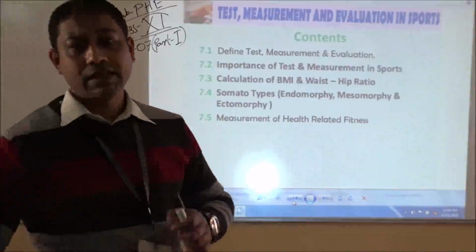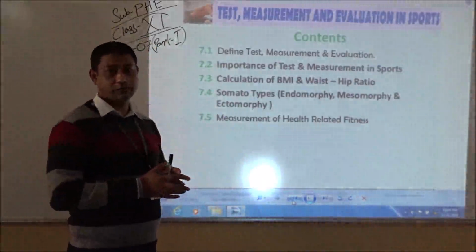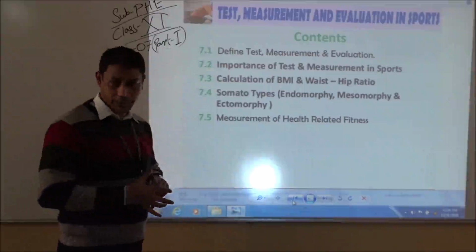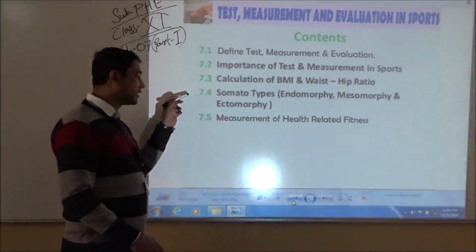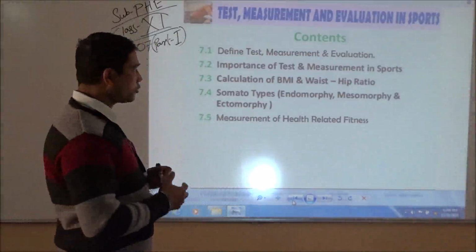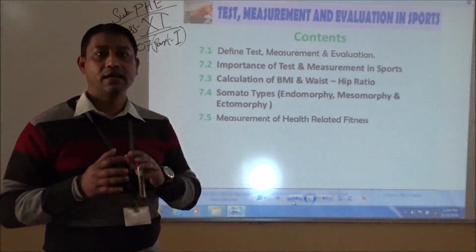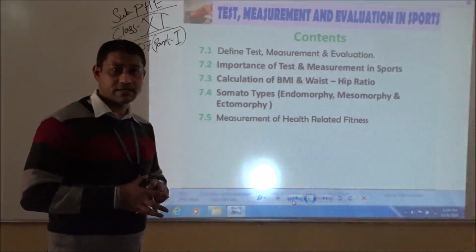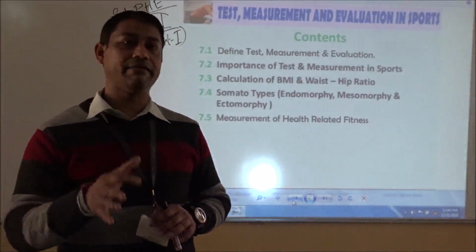So what I have done, I will be dividing the total content into two halves. In the first part, I will be discussing the first 3 topics, and in the second part, I will be discussing the remaining 2 topics. So what are all the contents that we are going to discuss under this chapter? First we are going to discuss the definitions of test, measurement and evaluation.